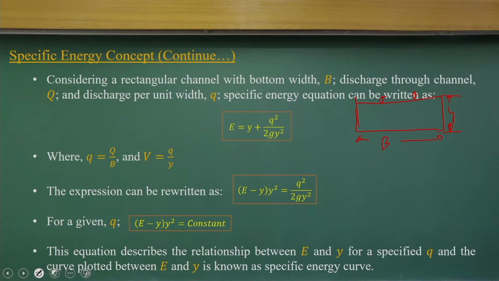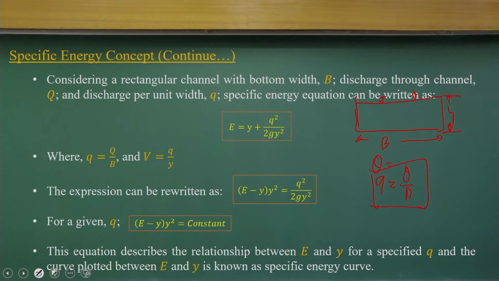Under those conditions we can simplify the equation again. If we have a steady discharge Q passing through, I can compute the smaller q, which is the discharge per unit width, that means Q by b.